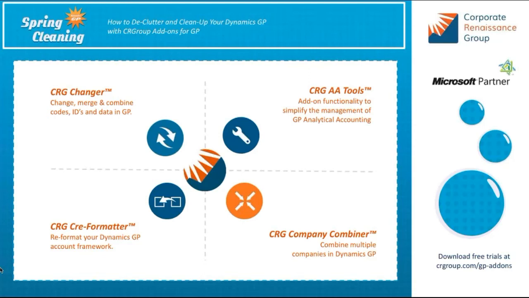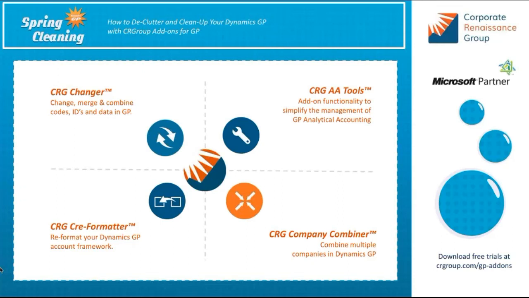It basically maps or copies it into analytical accounting so that you can then remove the underlying segment from the GL and not lose any history. And lastly, Company Combiner. If you're thinking, we've got all these companies, it would be nice to reduce those or combine some of them, Company Combiner can do exactly that.